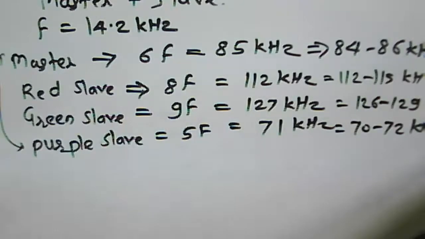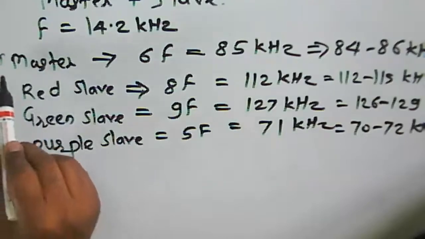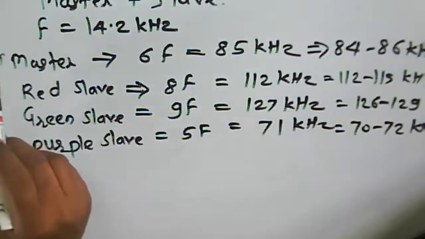this particular signal. After that multiplier, they get a signal from the master and red, then master and green, and then master and purple.